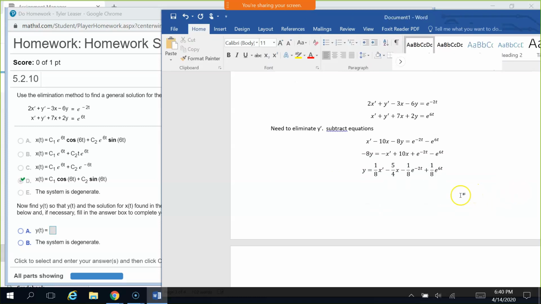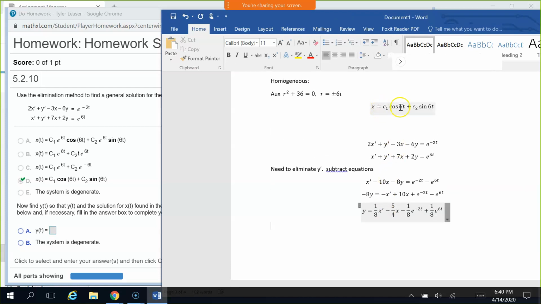Okay, and then if we just plug the x that I solved for here into these, that'll get the y by itself.